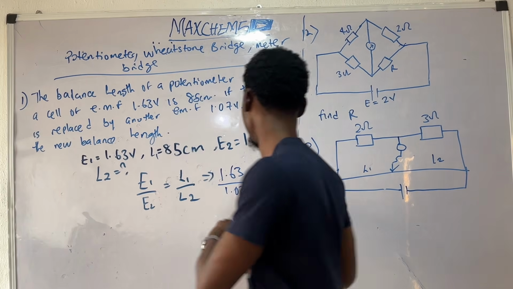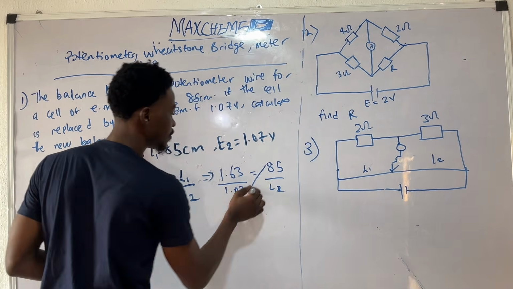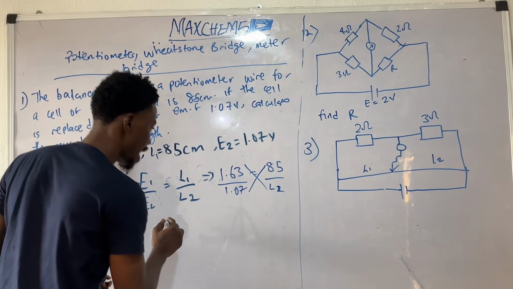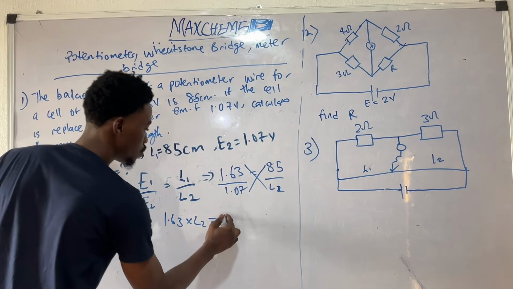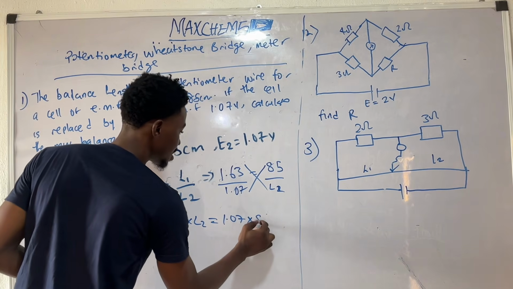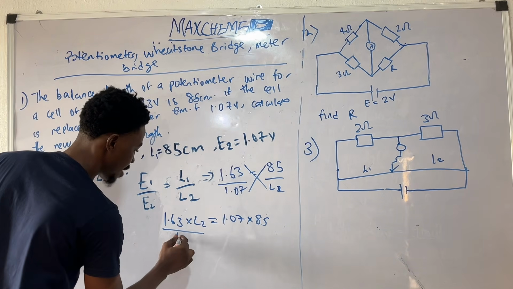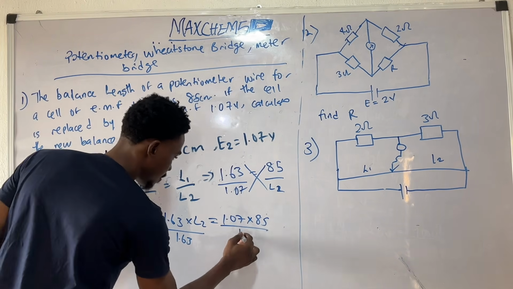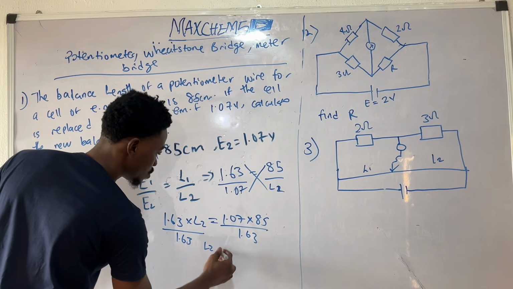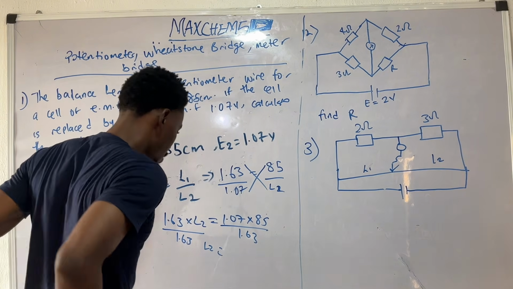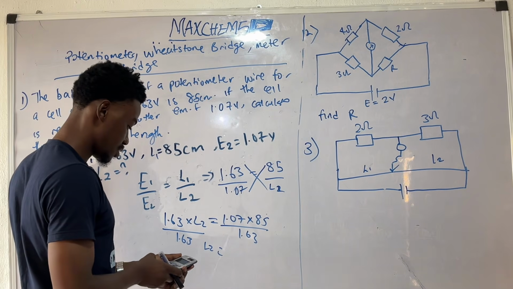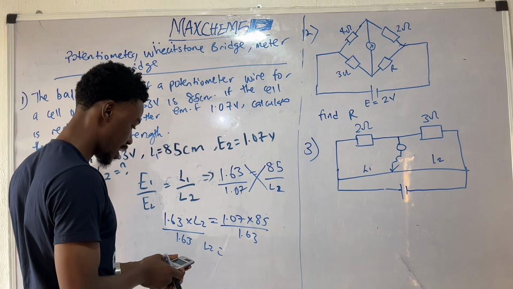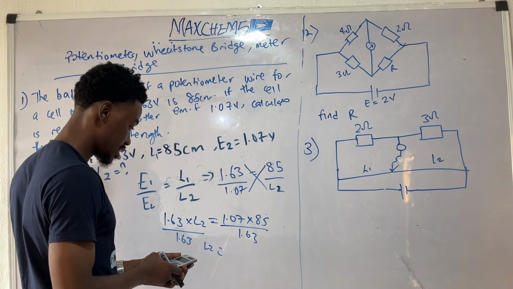So here, I simply make my L2 the subject of formula by cross multiplying. So I have 1.63 times L2 is equal to 1.07 times 85. Dividing both sides by 1.63, I have my L2 to be, punching that into my calculator, 1.07 times 85 divided by 1.63.